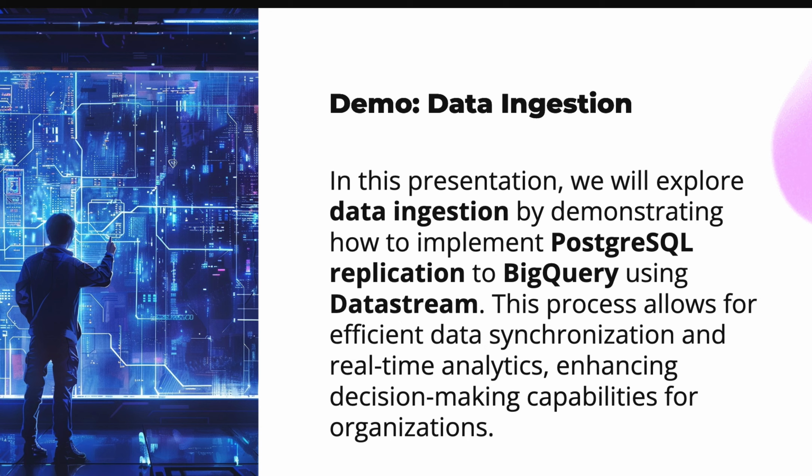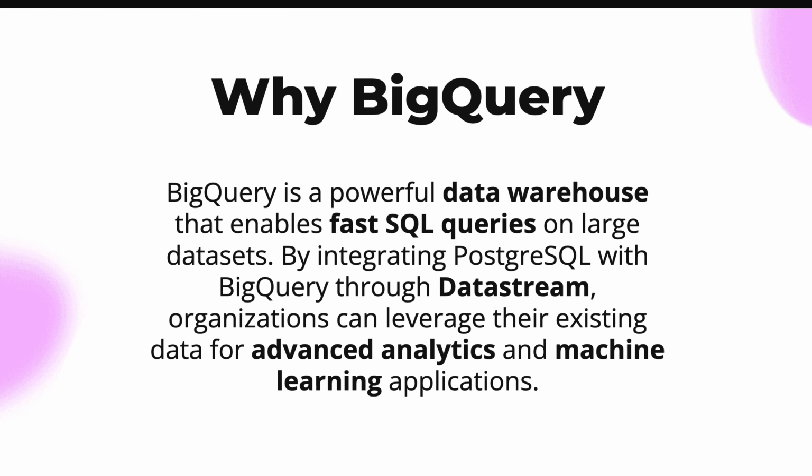So why Datastream? I think that's going to be the most important part, and why BigQuery. If you're working with AI or you have aspirations to work with AI, you need data. Where are you going to keep your data? If you're using Google Cloud, you're going to use BigQuery because it's a powerful data warehouse that enables fast SQL queries on large data sets.